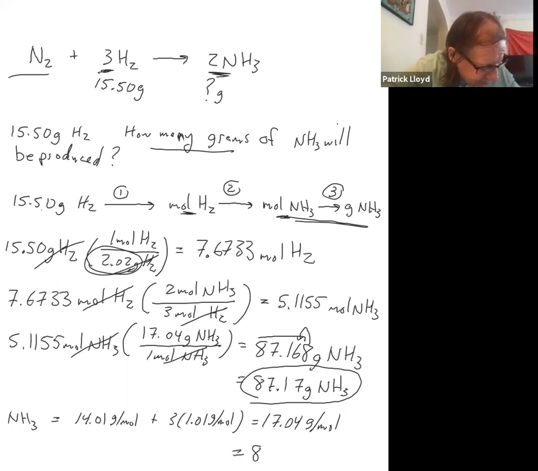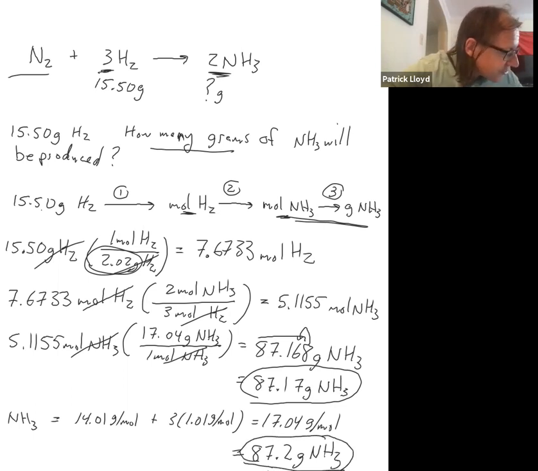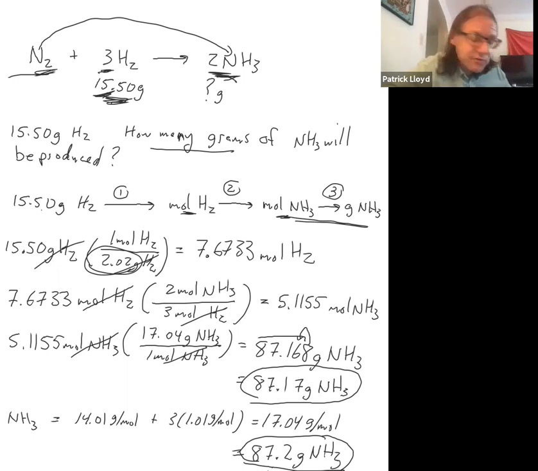So 87.2. I forgot about that H2. There we go. Okay, so 87.2 would be your answer. Notice you started off with a small mass and you got a big mass because some of this nitrogen is being converted into there as well. So that 87.2 is made up of the 15.5 from here plus some of the nitrogen there as well.